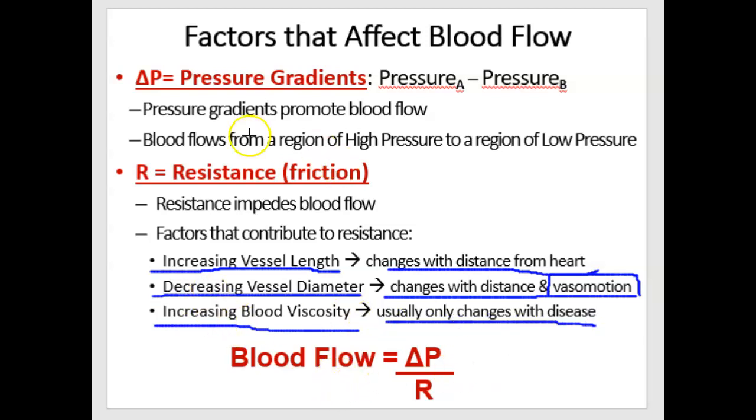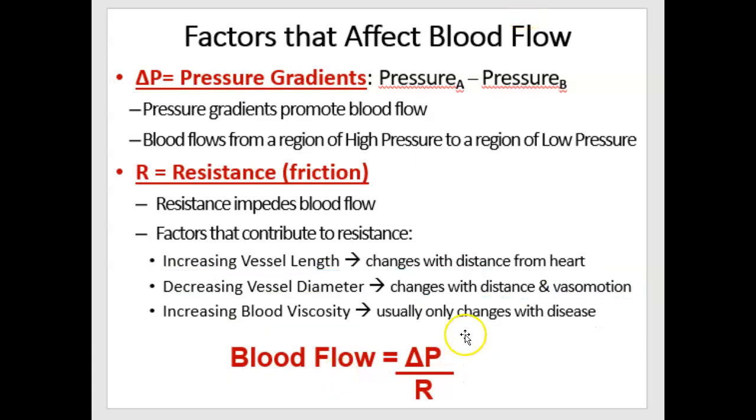Okay, so if we think of all these things together, blood flow and what we know about pressure gradients and resistance, we can mathematically represent the relationships between blood flow, blood pressure gradients, and resistance. And we see that blood flow is directly proportional to the blood pressure change.